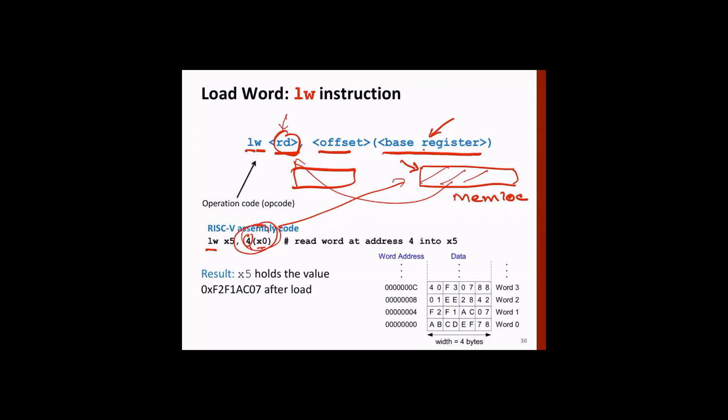So in this example, LW x5, 4(x0), it means that you will find the address of the memory location using these two, 4 and x0. x0 is register content; the register will contain something. Add 4 to that and go to that memory location. So this memory location is contents of x0 plus 4, and this gives the address; get that content to register RD.